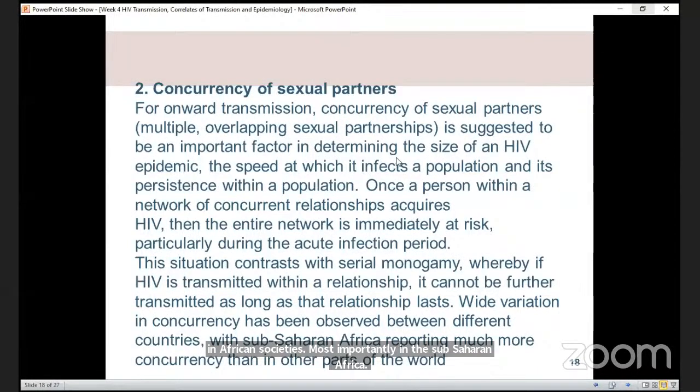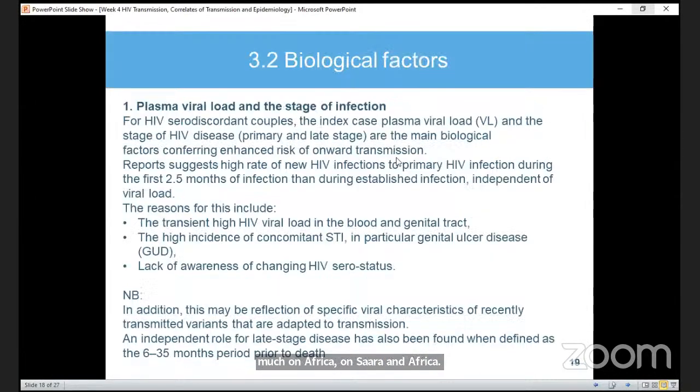From below the Sahara and downwards, we have so much concurrency of sexual partners, and even the fact that we have high numbers in sub-Saharan Africa is probably because of this. This is one of the reasons that has been cited as to why we have so much in sub-Saharan Africa as far as AIDS and HIV is concerned.